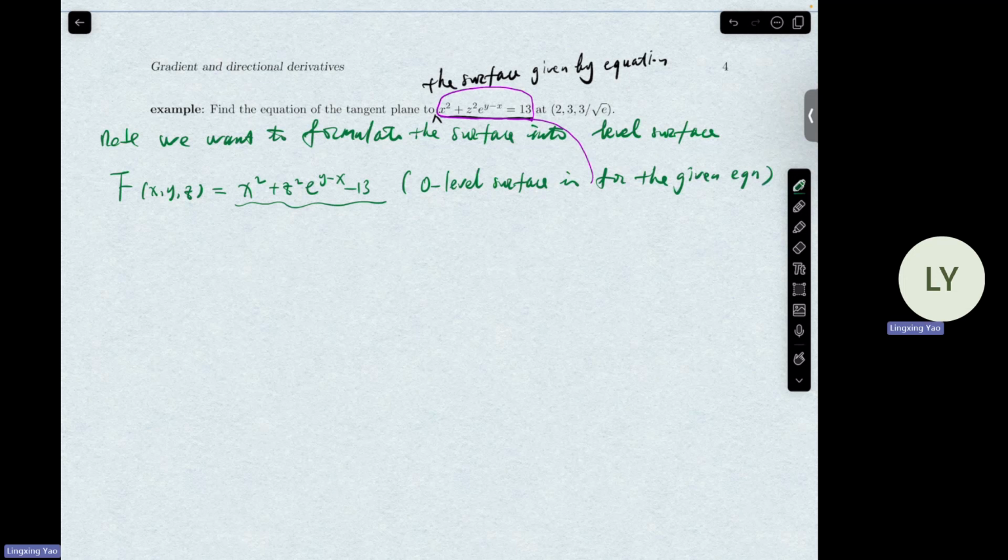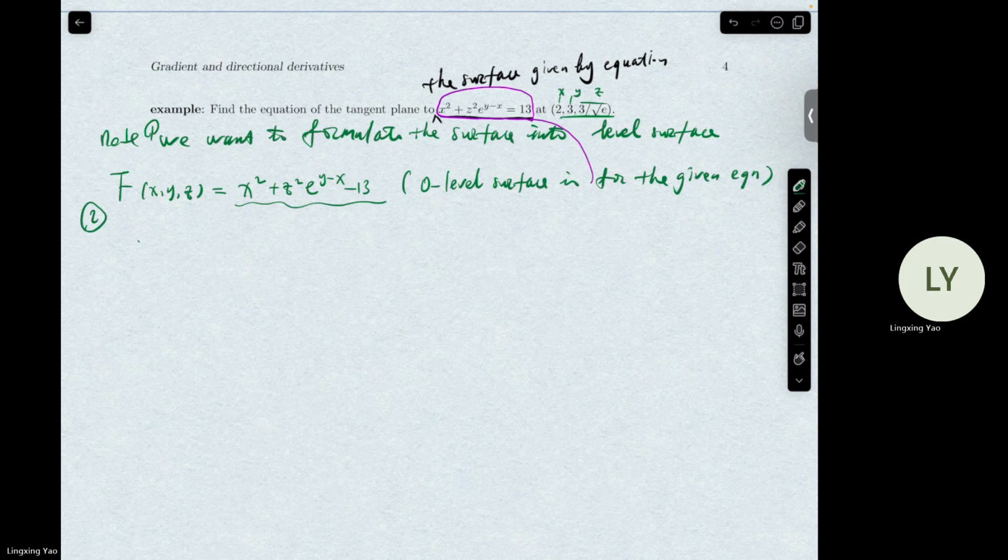Okay, and we also want to, so this is note 1, and note 2 is, is this point actually on the level surface, or actually on the surface? Well, we can check it, right? So here x is 2, y is 3, and z is 3 over square root.